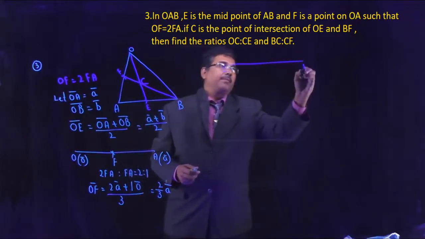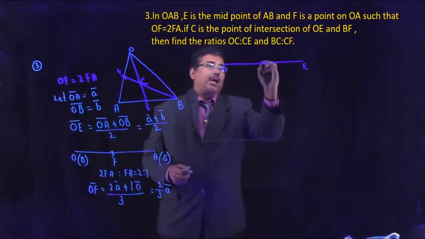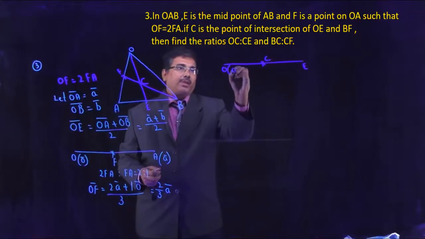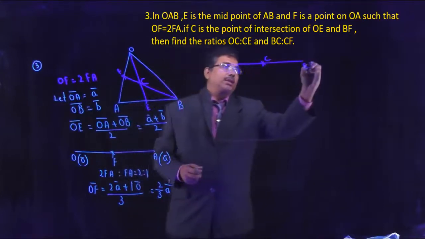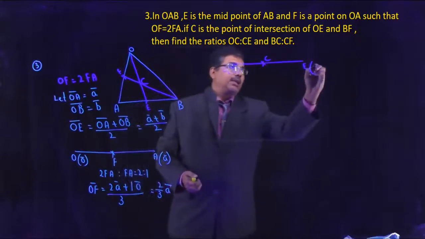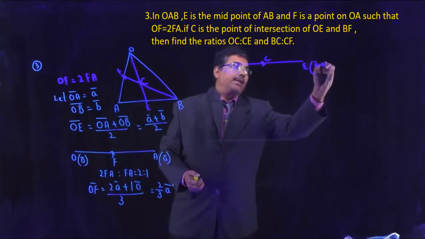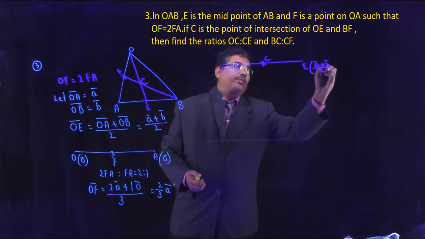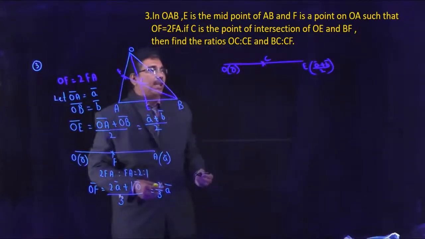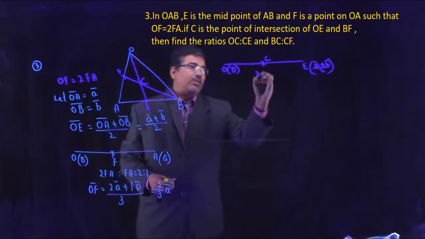This is O bar. This is the position vector of E, that is (a bar plus b bar) by 2. Suppose C divides OE in the ratio lambda is to 1.